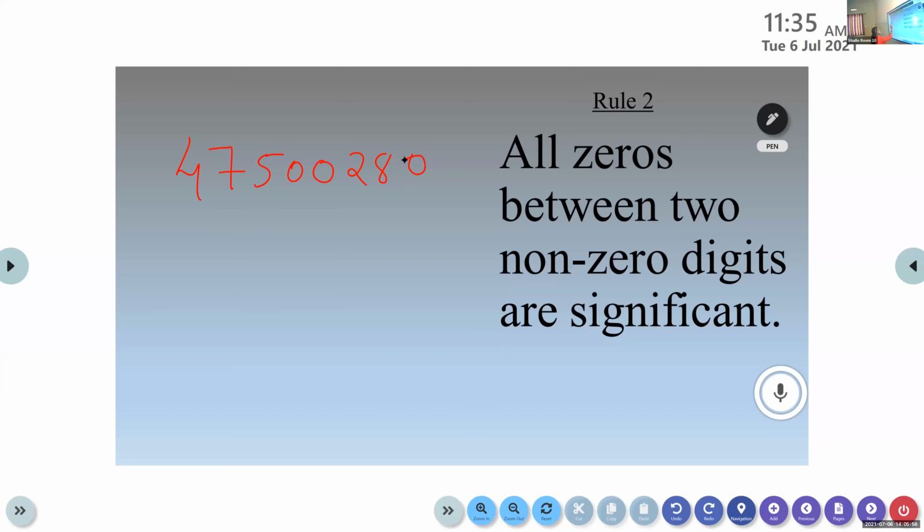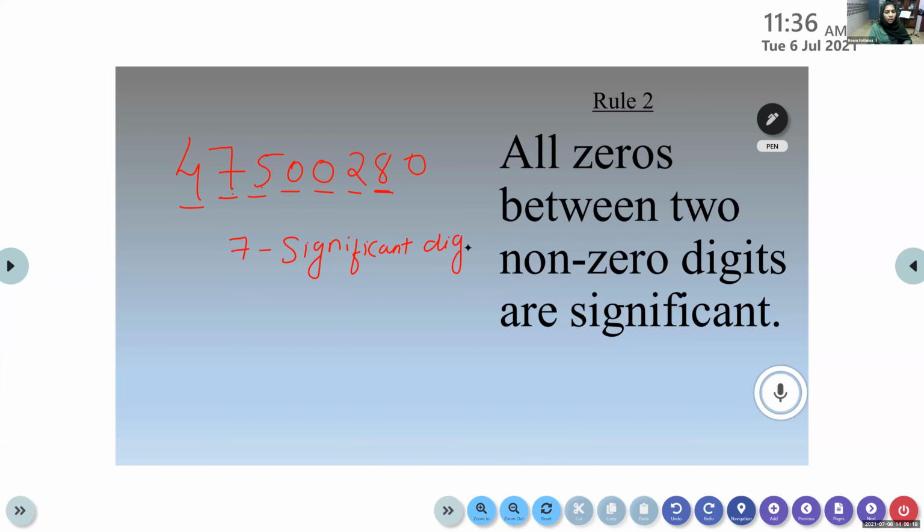Is it 5? No, wrong. It is 7. Is it 6, ma'am? 1, 2, 3, 4, 5, 6, 7. Here we have 7 significant digits. 7 significant digits are there.